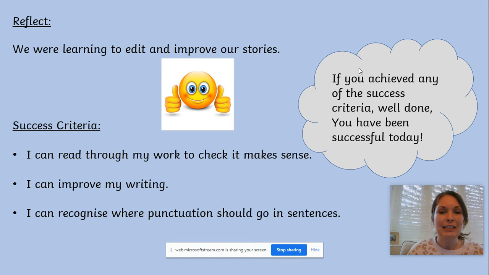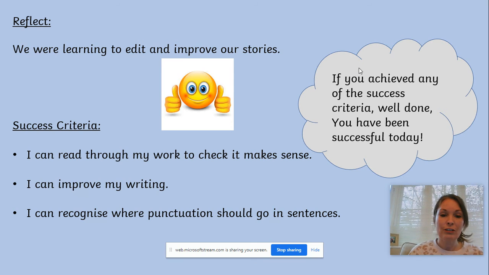We were learning to edit and improve our stories, and to be successful, we needed to be able to read through our work and check it makes sense. And we followed our steps at the beginning, so I'm sure you all managed to find something to improve. And again, it says here, we could improve our writing.